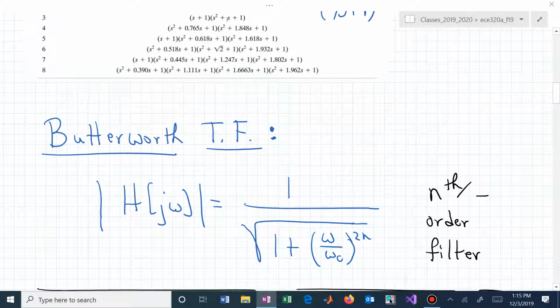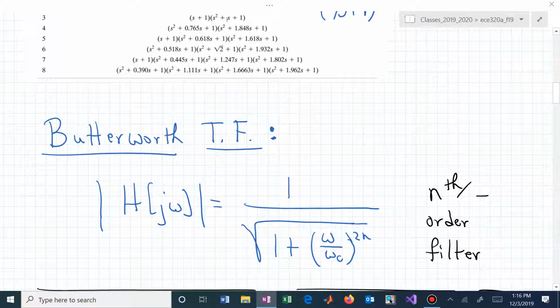If you found the magnitude from each of those, if you plugged all of those denominators for the various powers of n into the denominator and then took the magnitude, you could show that it looks like 1 over the square root of 1 plus omega over omega c, where omega c in this case up above is 1, raised to the 2n.